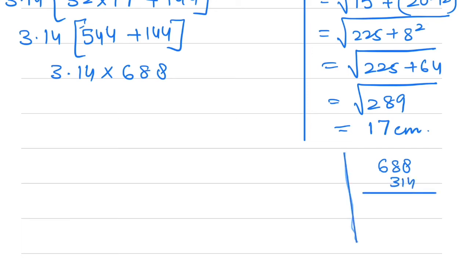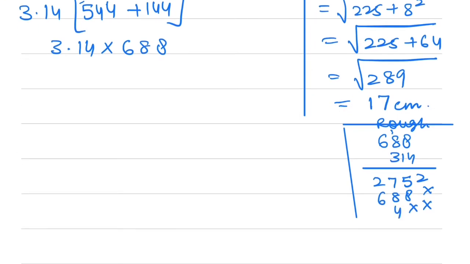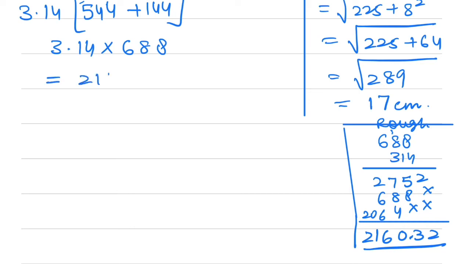So this is some little bit of rough work. And we need 2 decimal points. So this is equal to 2160.32 centimeter square.